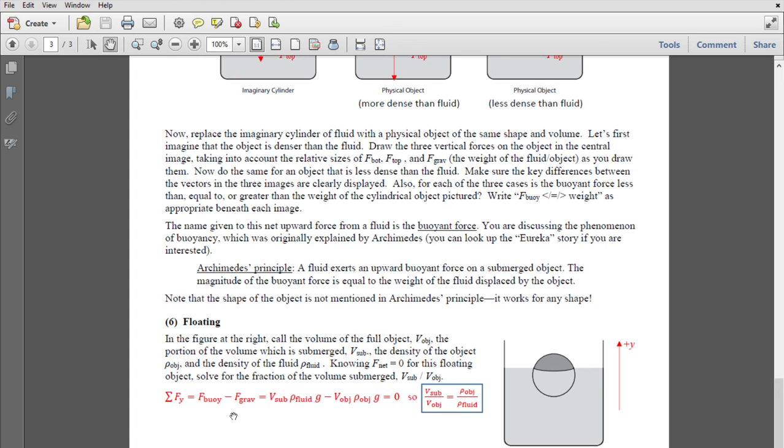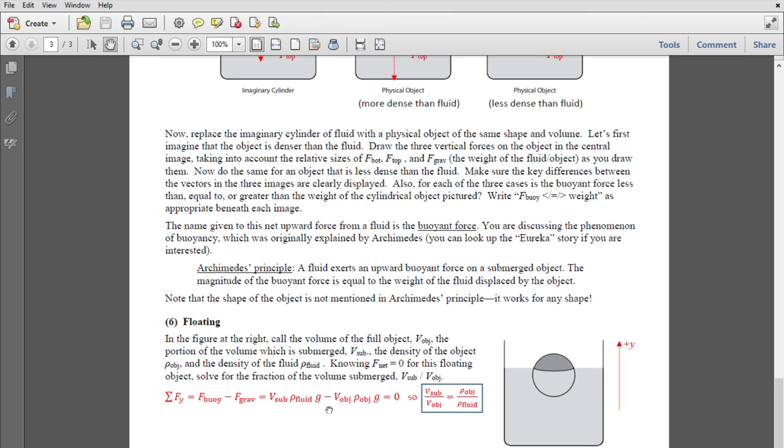So let's flesh those out a little bit more. The buoyant force is the weight of the fluid displaced. That's equal to the volume that is submerged times the density of the fluid. The density of the fluid times the volume that's submerged would be the mass of the fluid that's displaced, times little g gives us the weight of the fluid that's displaced.